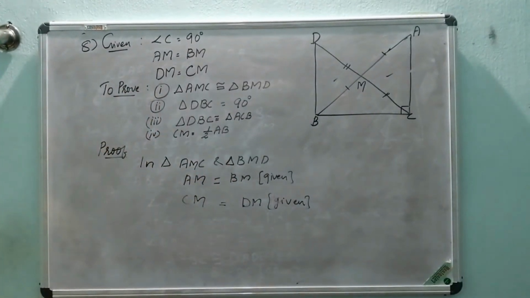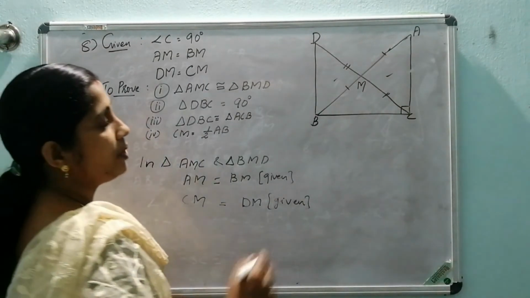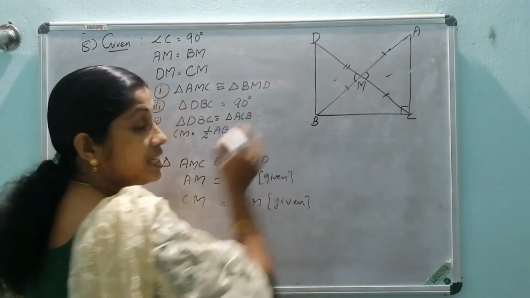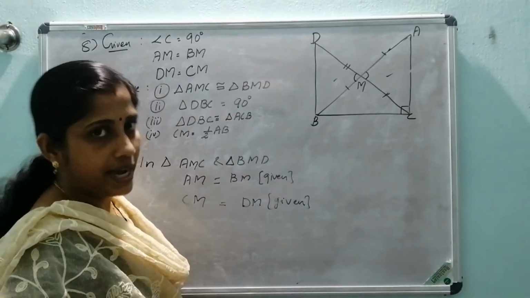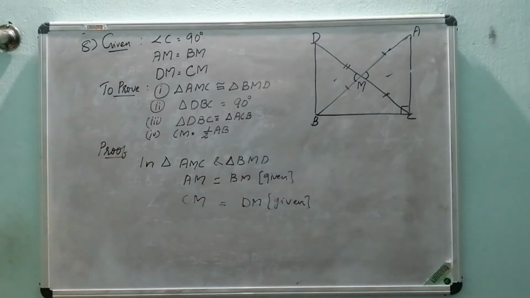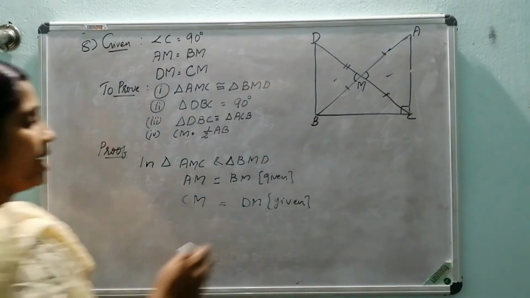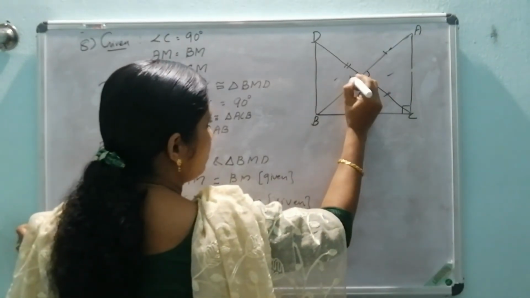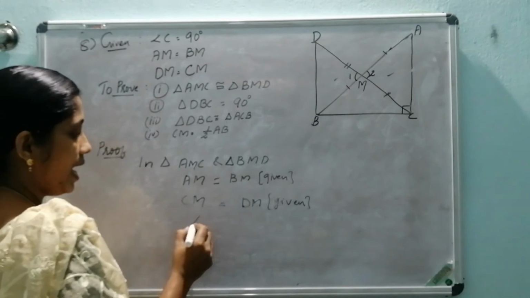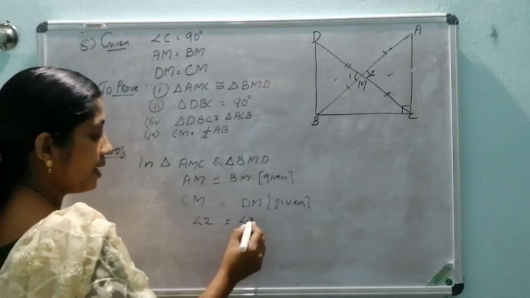Then what do you have to prove? One more side or angle is needed to prove the congruency. Then look here. What about these two angles? These two angles are vertically opposite angles. As we know, vertically opposite angles are equal. So we can specify them as angle 1 and angle 2. So we can write angle 2 is equal to angle 1.